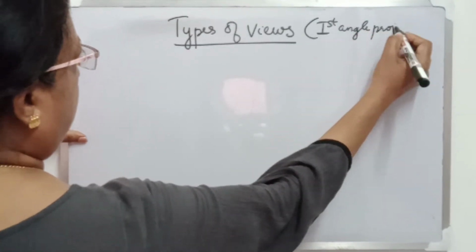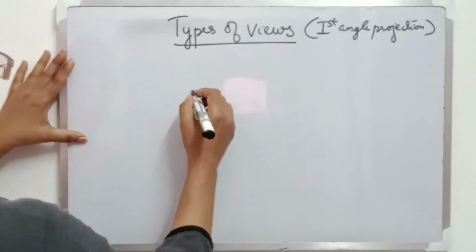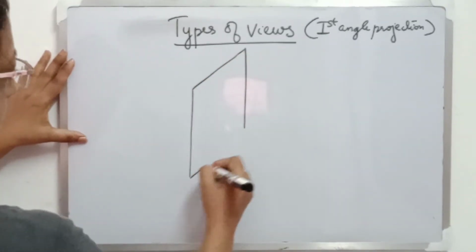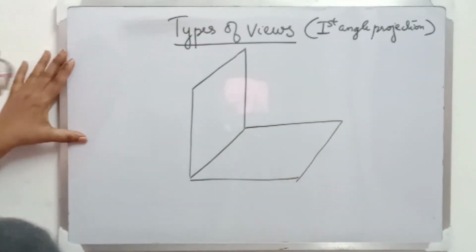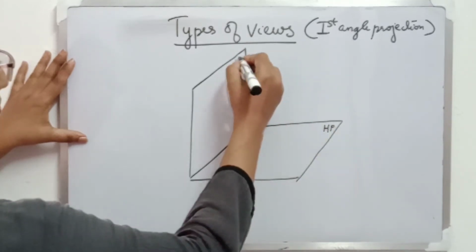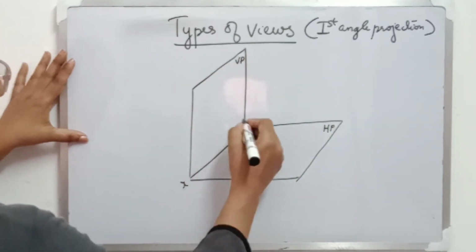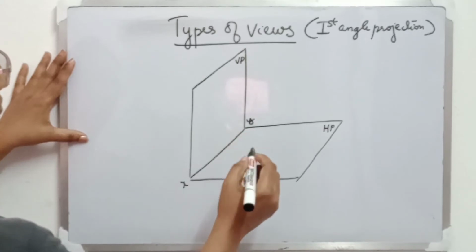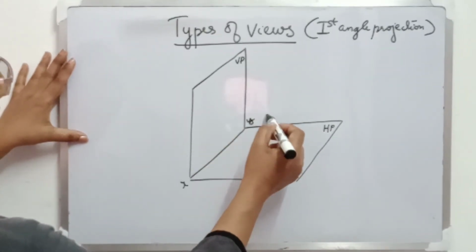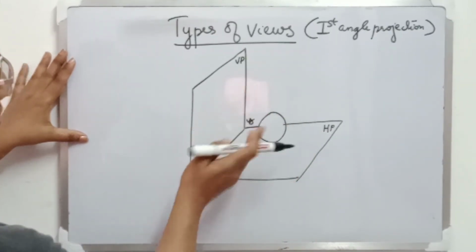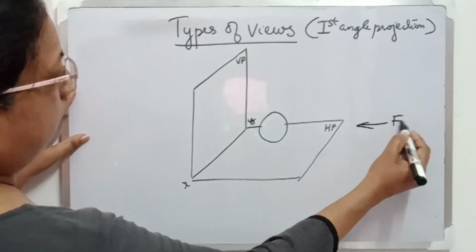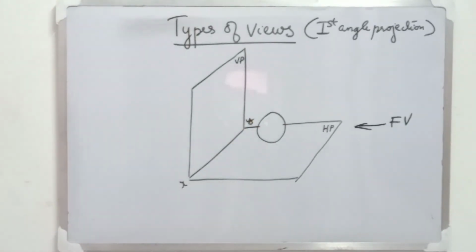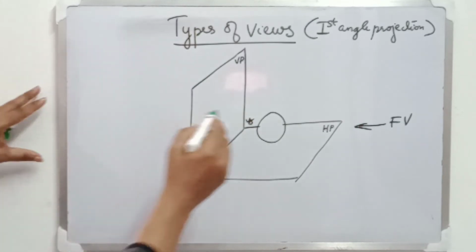So we are considering the first angle projection here. So we are only taking the first quadrant, that is the region above HP and in front of VP. The HP and VP intersect at a line called the XY line, that is our basic reference line. Now let us say the object is placed here. So looking from this side, you will be getting the front view.